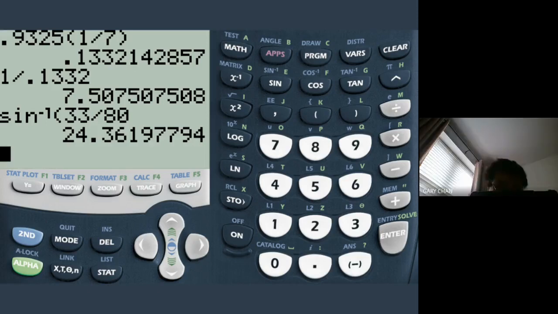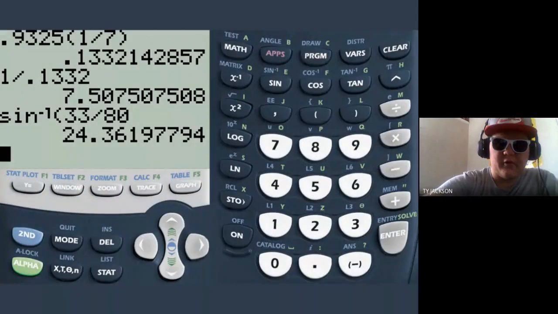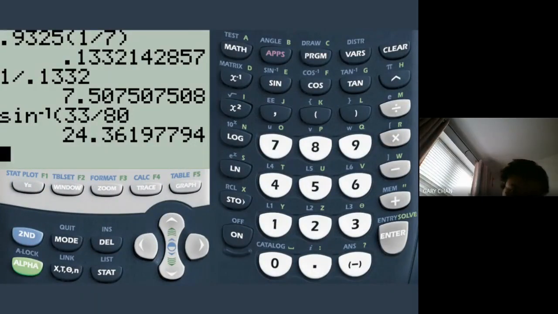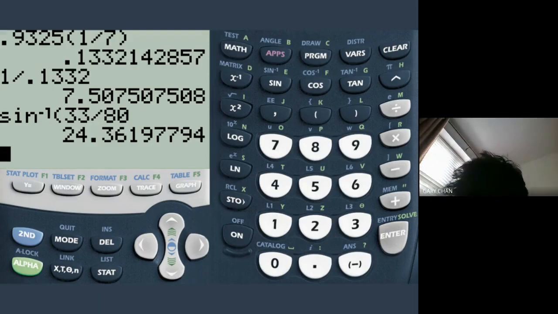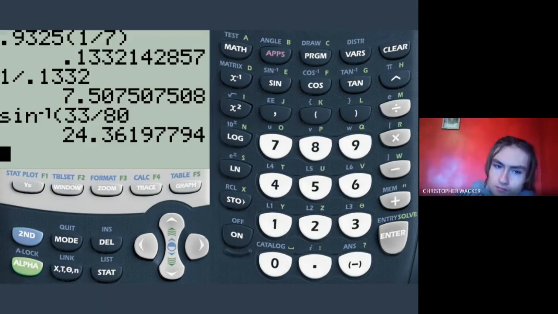All right, so back to this problem here. What should the angle be? What are we rounding to? Nearest tenth. So what would that be, Ty? 24.4. Let's enter that in. 24.4. Okay.